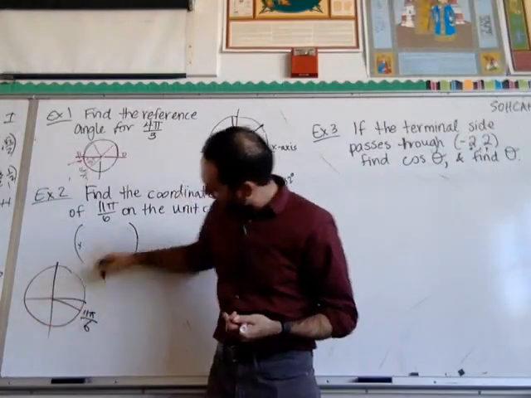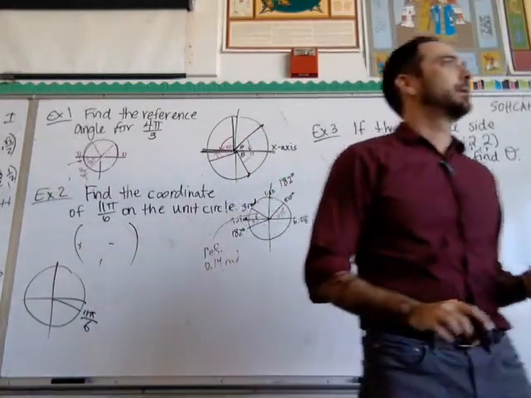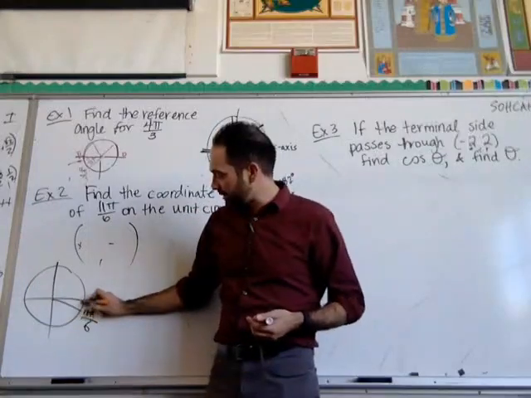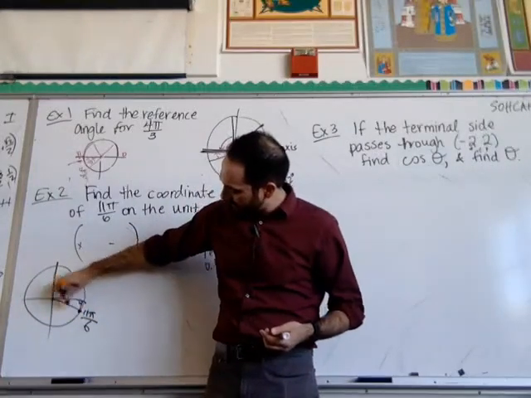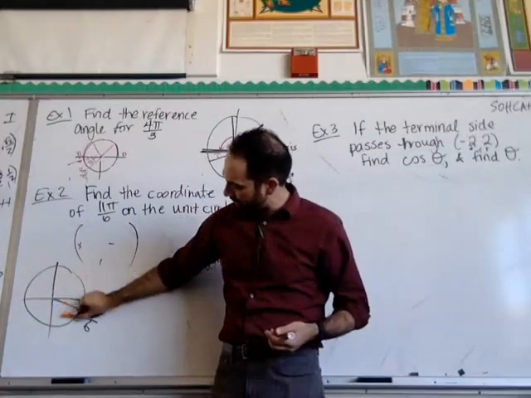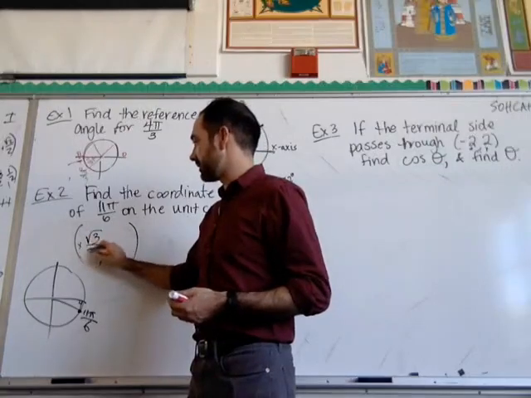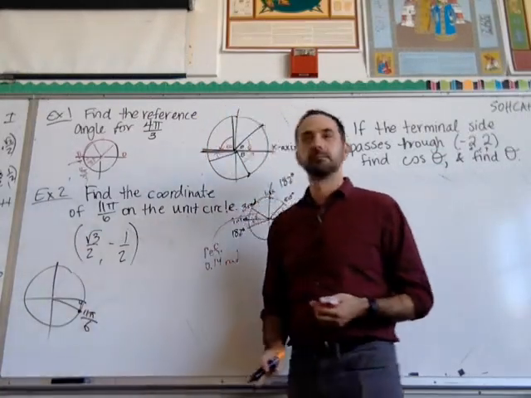Y is negative. So if we look at that, we make our triangle here. Our x value to get to this point is larger than our change in y. So let's see if this matches what you have on the unit circle. Is that what you have?